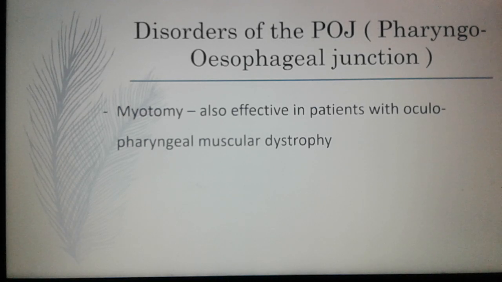Sometimes myotomy is also effective if the patient is suffering from oculopharyngeal muscular dystrophies. These are disorders affecting the nervous system along with muscles, especially muscles, and affecting the ocular area as well as the pharynx. So these patients sometimes may benefit from surgical treatment, myotomy, in diseases affecting the pharyngoesophageal junction.